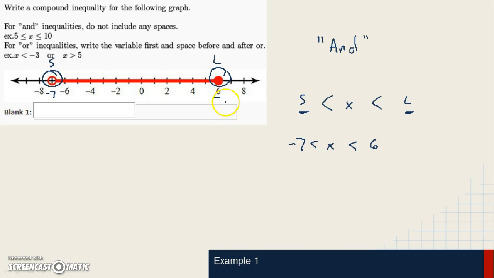If I look at my second endpoint here, 6, since the dot on 6 is closed, that means 6 is included in the solution. So x can also be equal to 6. So we're going to make this one an equal to. And now I'm going to type this in just as it is. -7 is less than x, which is less than or equal to 6.